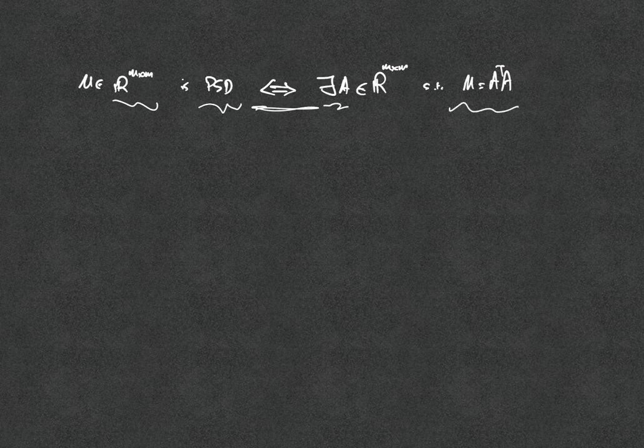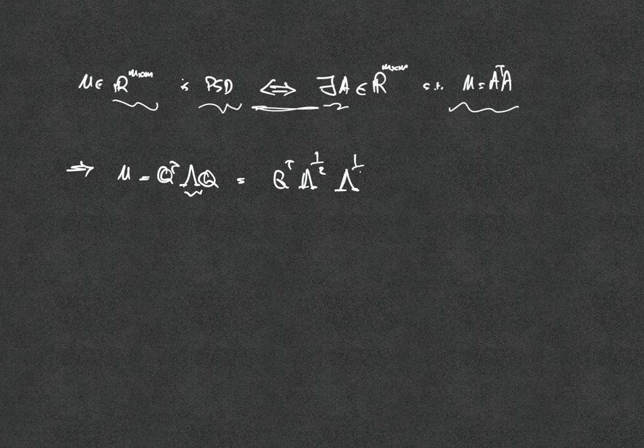Now to prove that, first let's prove this side. So again, if you consider the eigenbasis, you had this. And since this is diagonal and non-negative, you're going to get this. And obviously this is the same as its transpose.